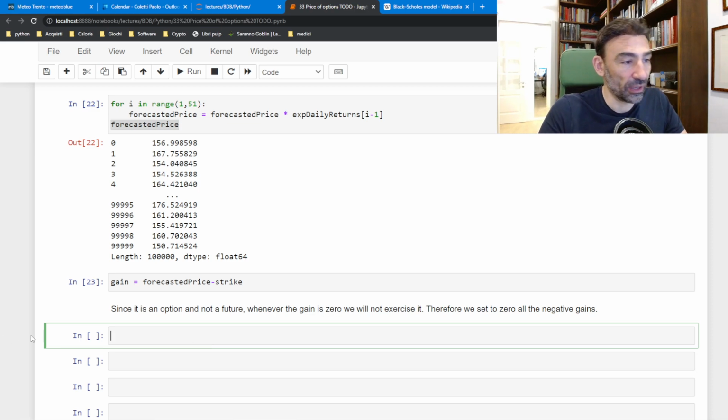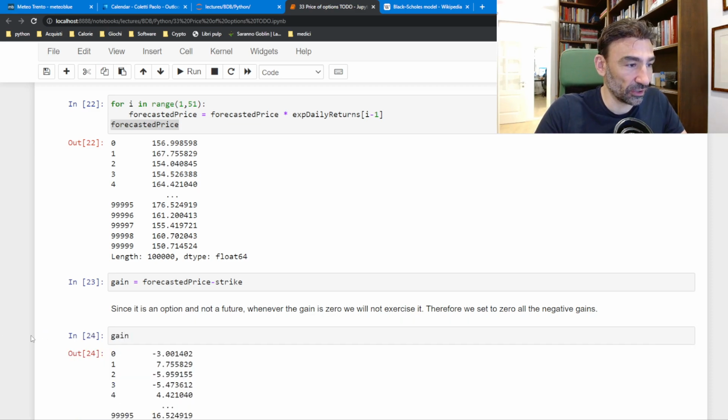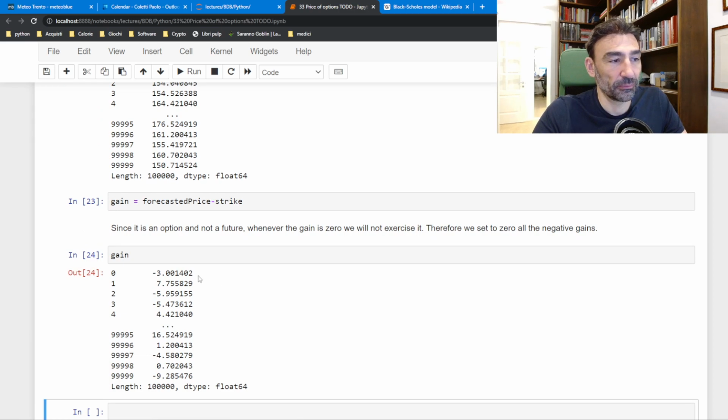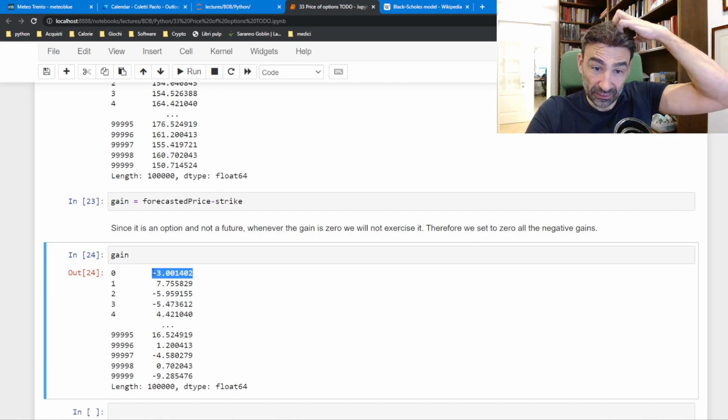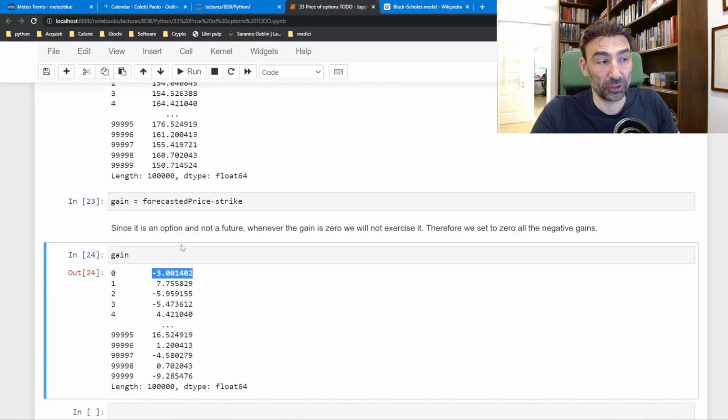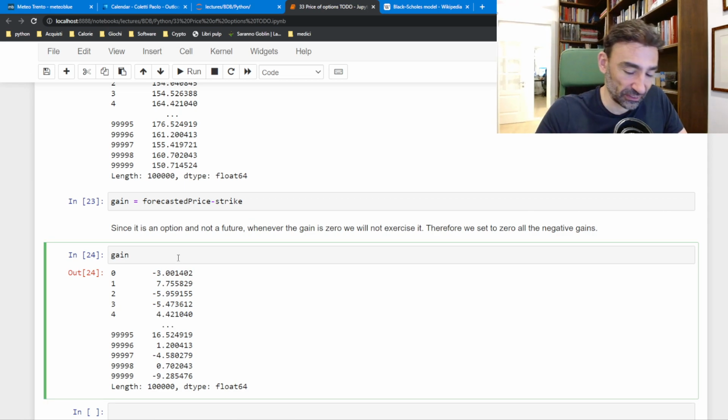So you can see some of the gains are negative, but for an option, unlike a future, where it happens that when you arrive at the exercise date it's negative, so you have to pay, for an option that's not the case. So we have to set all these things to 0. The trick is the following.